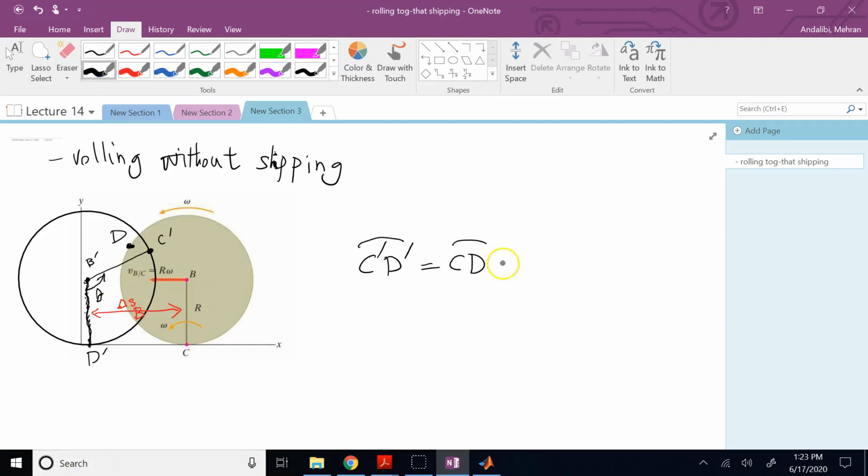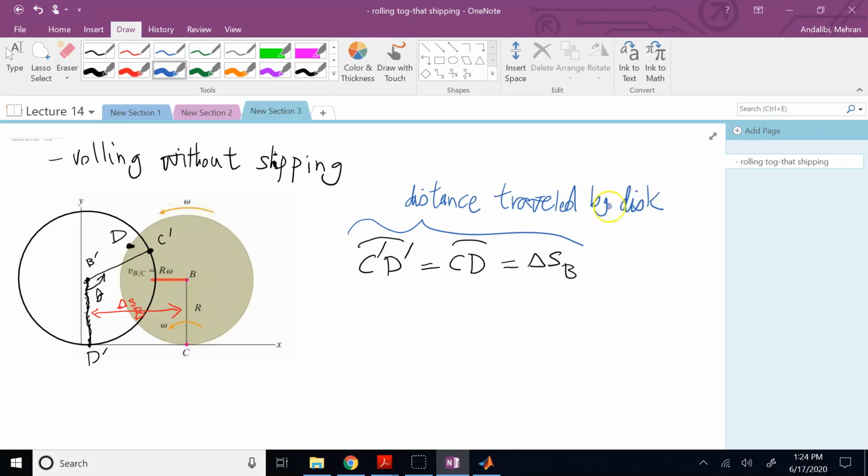This is the same as delta S of point B, and this is basically the distance traveled by the centroid of the disk. So this is the distance traveled by the disk.